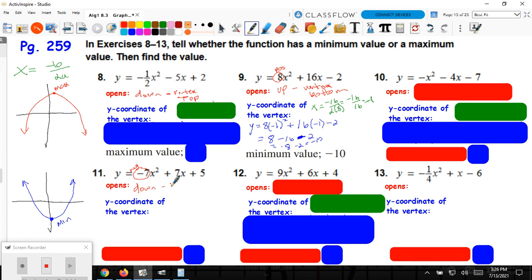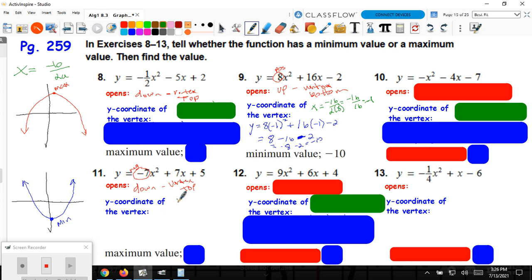So vertex, if it's opening down, the vertex is up on the top. So that means we have a maximum value for this one. It's a maximum value. We need to find the x-coordinate so we can find the y-coordinate, and that will be our value. Our maximum value will be that number, which is the y-coordinate.